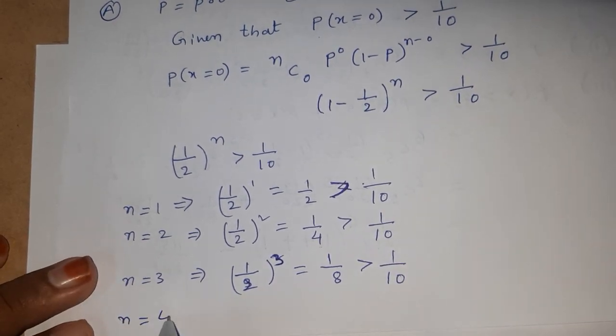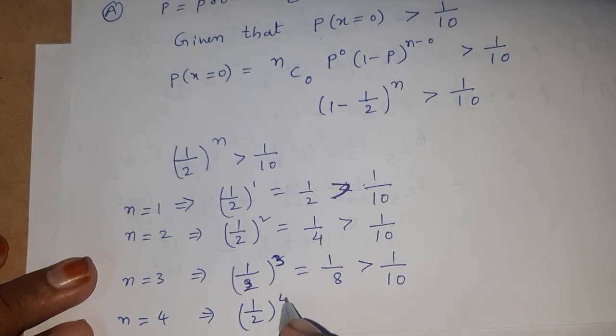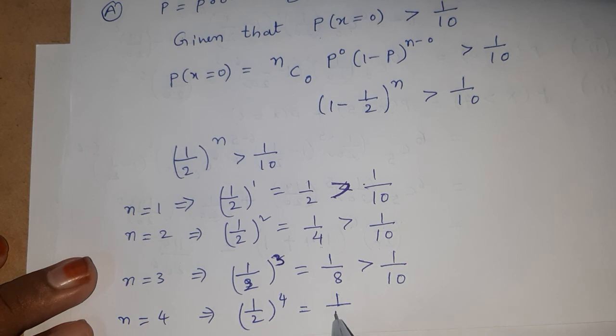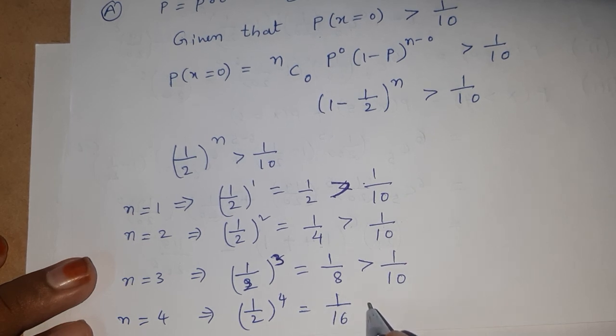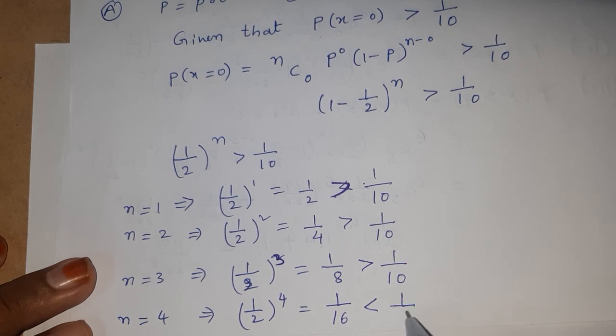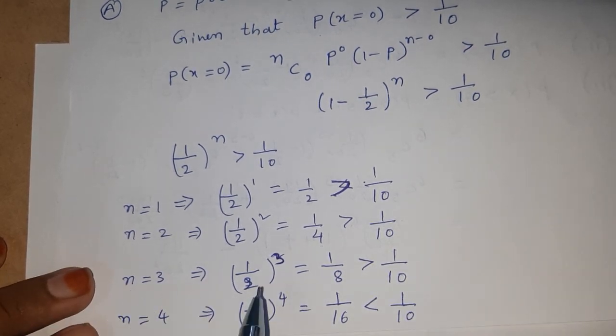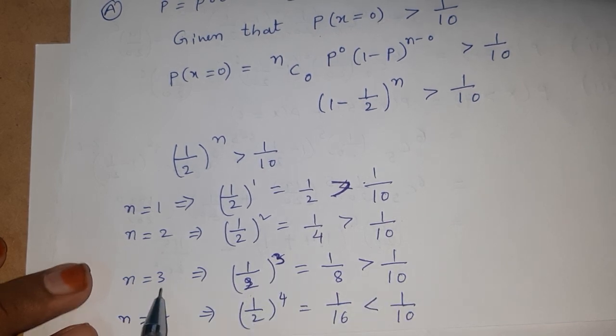For n equal to 4, (1 by 2)^4 is 1 by 16, which is not greater than 1 by 10, it is less than 1 by 10. Therefore, the maximum n such that (1 by 2)^n is greater than 1 by 10 is 3.